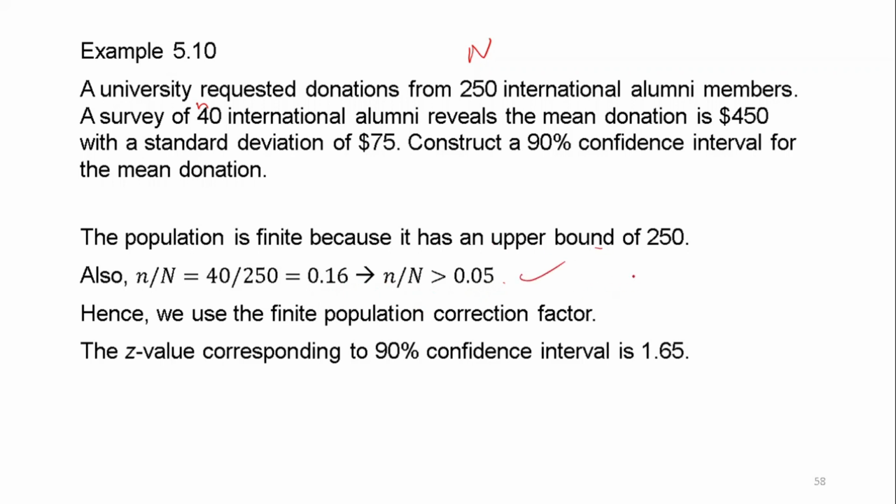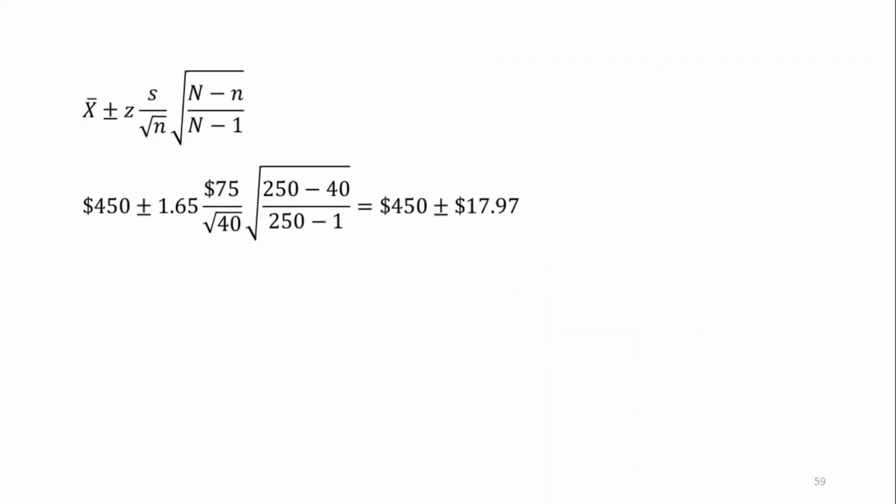Since this is 0.16, which is greater than 0.05, we can use the finite population correction factor. Construct a 95% confidence interval, so our Z value is 1.65. Since this one uses the sample mean, use this formula, substitute the values, then you get the answer.